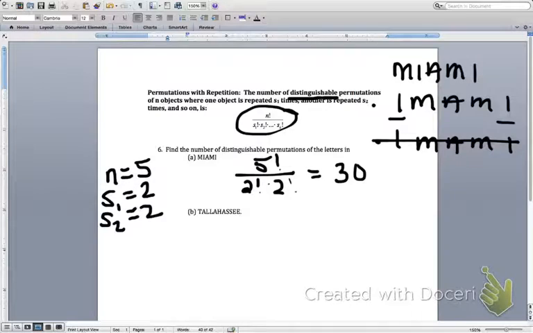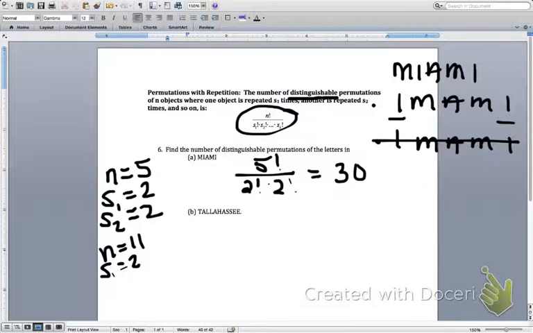When we move on to Tallahassee, the first thing we need to do is look at n. In this case, n is 11, because there are 11 letters in the word Tallahassee. When I look at it, we'll say S sub 1 stands for the L's.